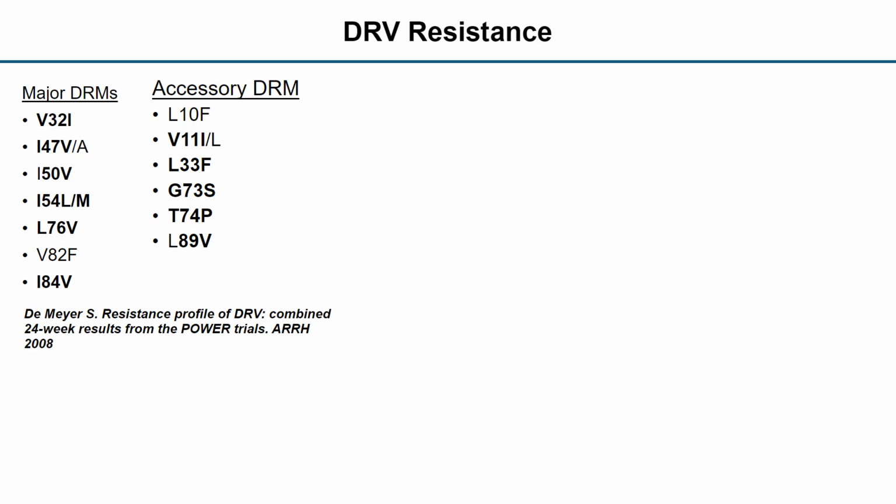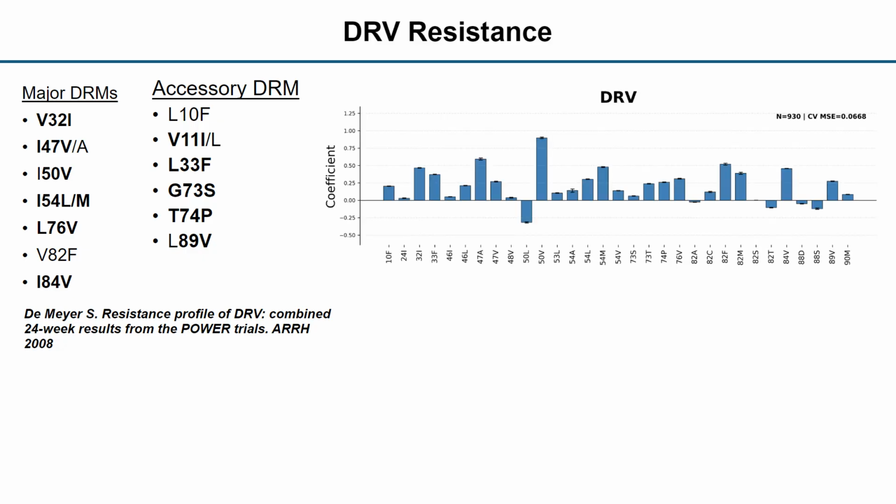High-level resistance typically requires an accumulation of mutations, usually 2 to 3 major mutations combined with 2 to 3 accessory mutations. The figure on the right illustrates how these mutations affect in vitro susceptibility in a regression analysis.